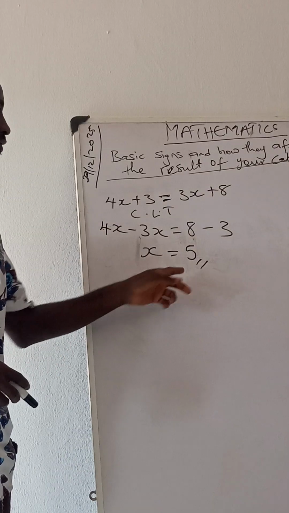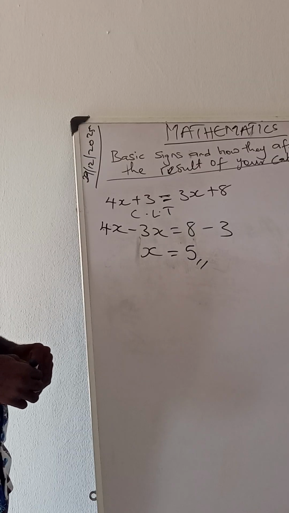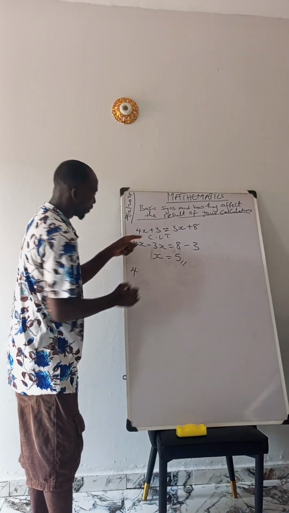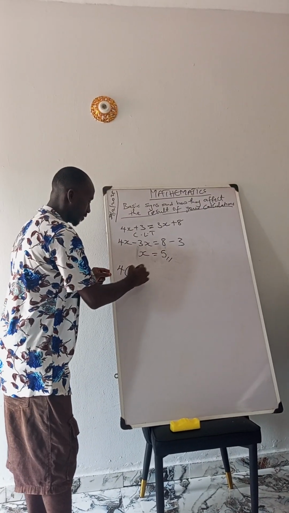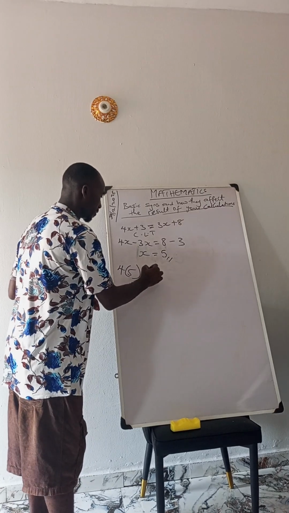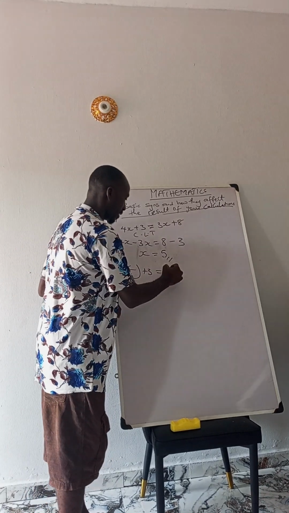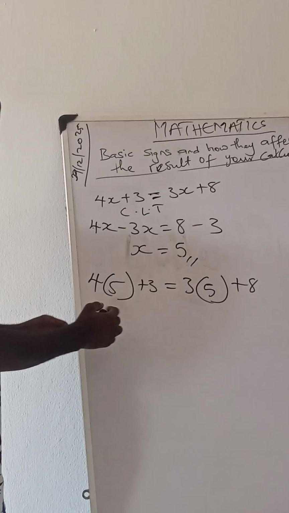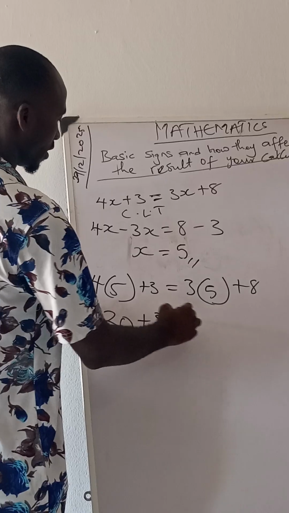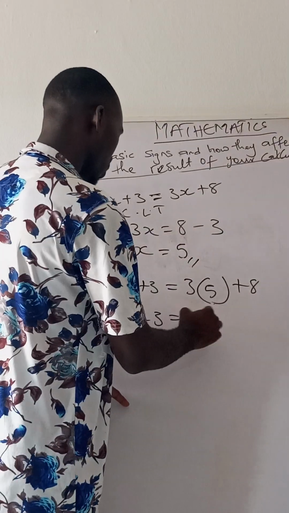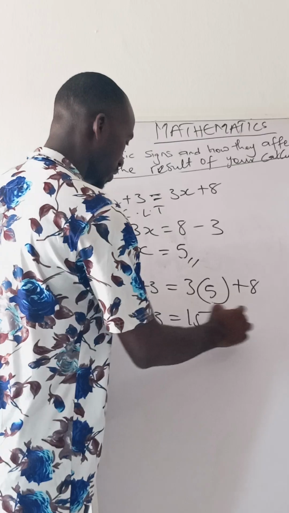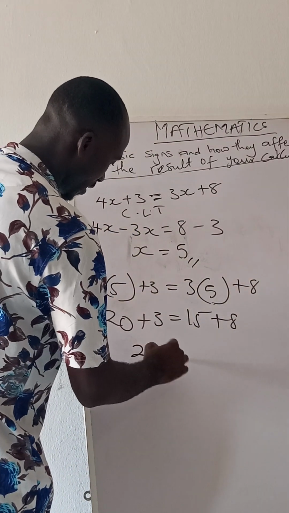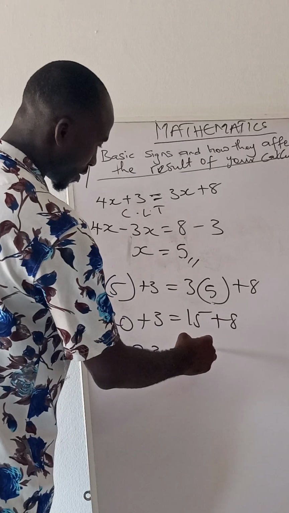Now, can we prove that x is equal to 5? Let's see if x is actually equal to 5. Now, we have 4. What is x? x is 5 here. We have plus 3 equal to, we have 3 here. x is equal to 5. We have plus 8. 4 times 5 will give us what? 20 plus 3 equal to, 3 times 5 is what? 15 plus 8. 20 plus 3 is 23. 15 plus 8 is what?